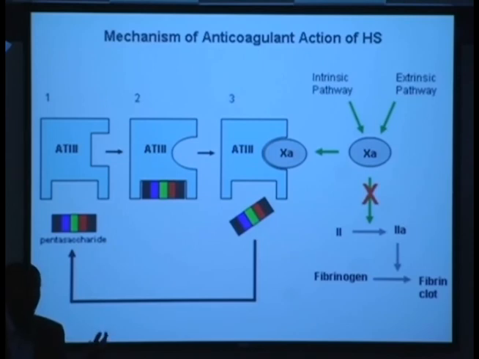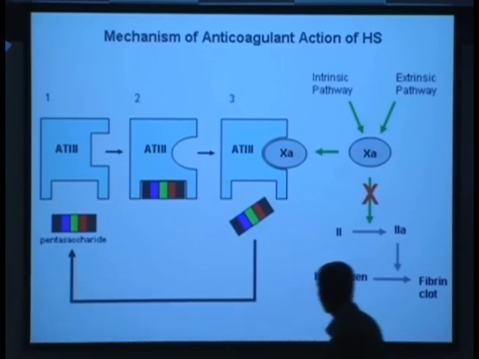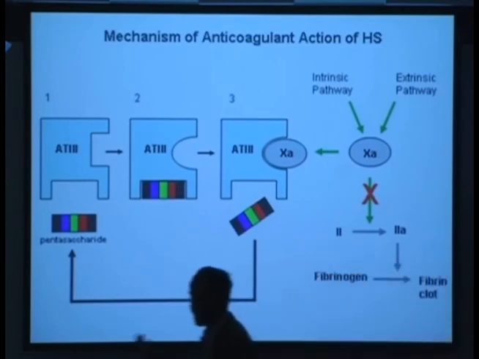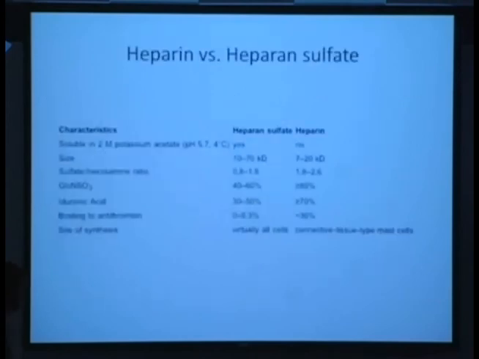That's how this pentasaccharide molecule functions like an anticoagulant. This is the coagulation cascade, and by withdrawing factor 10A from it, you slow down dramatically the rate of converting prothrombin to thrombin, and therefore decrease clot formation, and that's how it functions like an anticoagulant being used in surgical procedures.